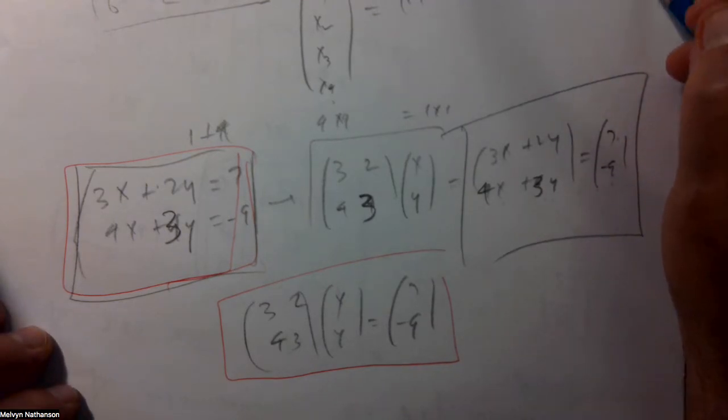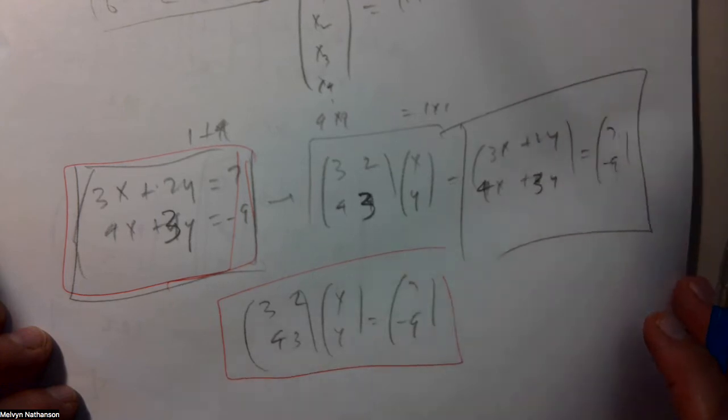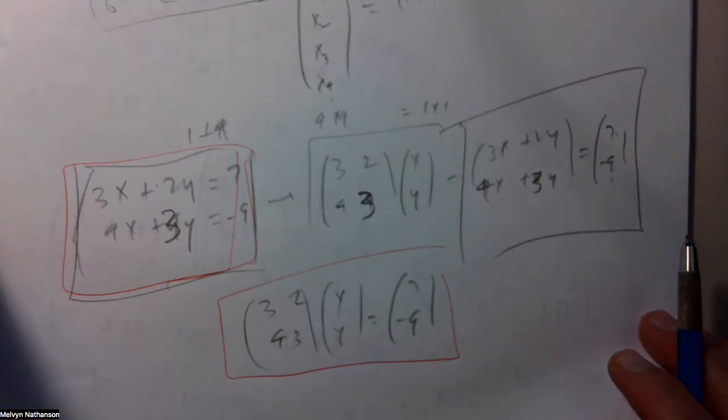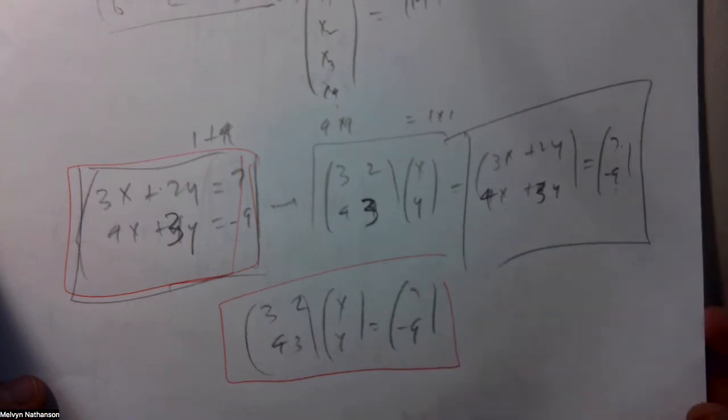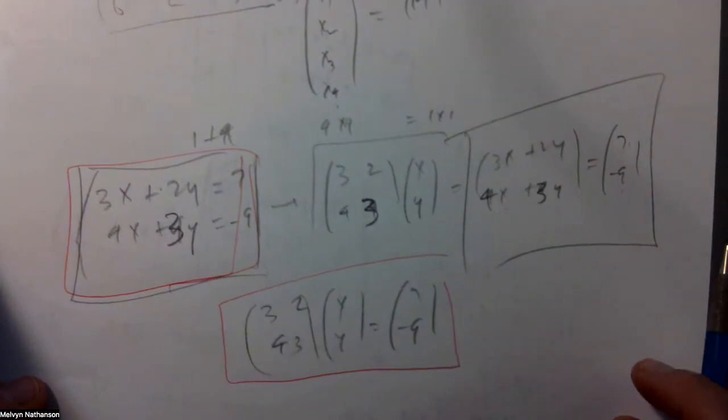You can always multiply a matrix by a scalar, and you can multiply two matrices if the number of columns on the left equals the number of rows on the right. Now, I should also explain what Gaussian elimination translates into when you have matrices.